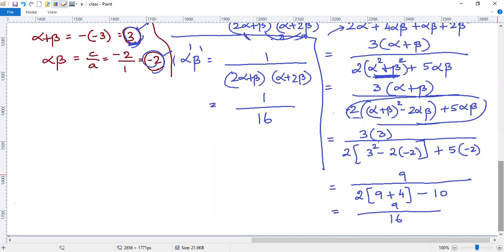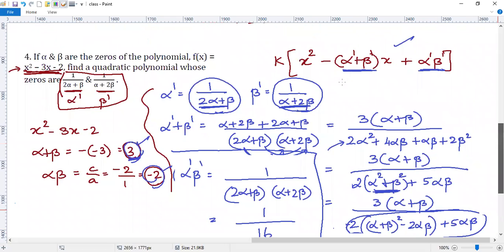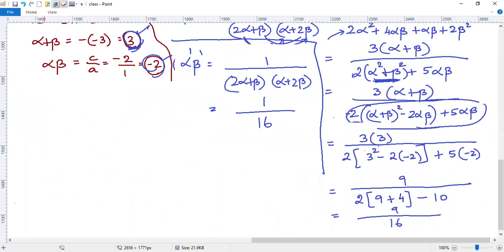Right? Now we know alpha dash plus beta dash, and we know alpha dash into beta dash. You have to substitute it in this formula. So what is the formula? What is it? K into x squared minus alpha dash plus beta dash into x plus alpha dash into beta dash.